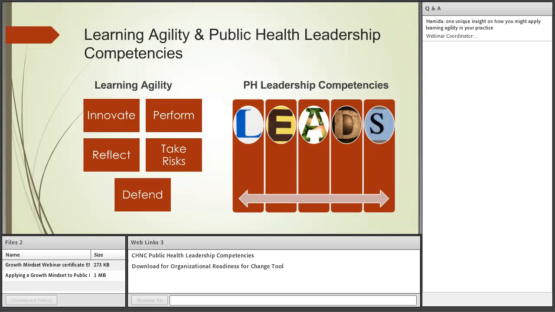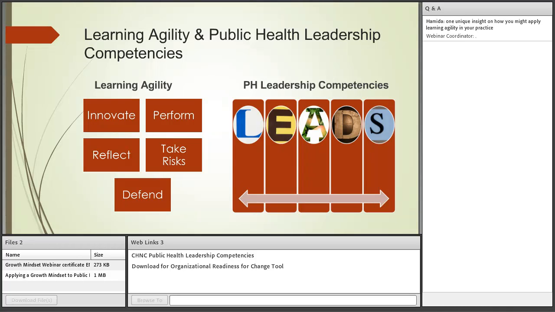If you look at the performing component of learning agility, it connects nicely to the LEADS framework under achieve results. So performing is a lot about, as I was explaining earlier, dealing with complex issues, complex problems, and not giving up, kind of dealing with ambiguity.